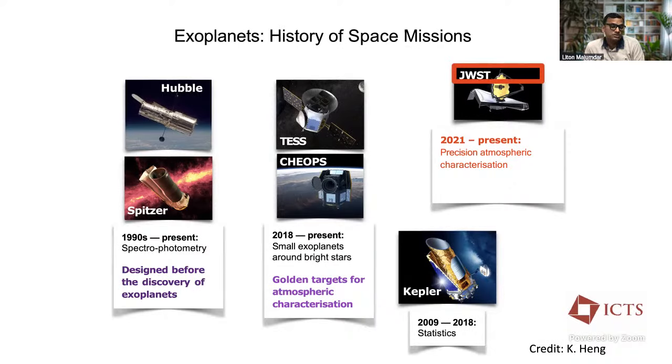And now with JWST, we are in an era where we can do precision atmospheric characterization across different types of planet atmospheres. And as soon as we start characterizing these atmospheres, we see chemical diversity. By chemical diversity, I mean some of the molecules that you see in one class of planets are missing in other classes, or some of the molecules are abundant across the same types of planets.